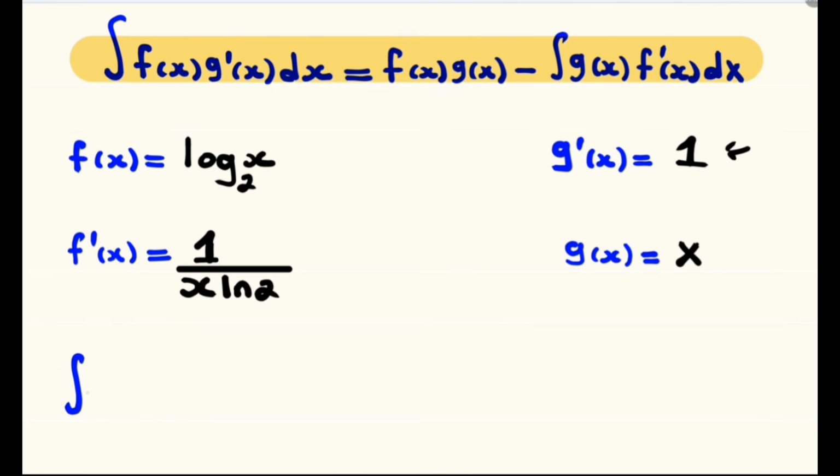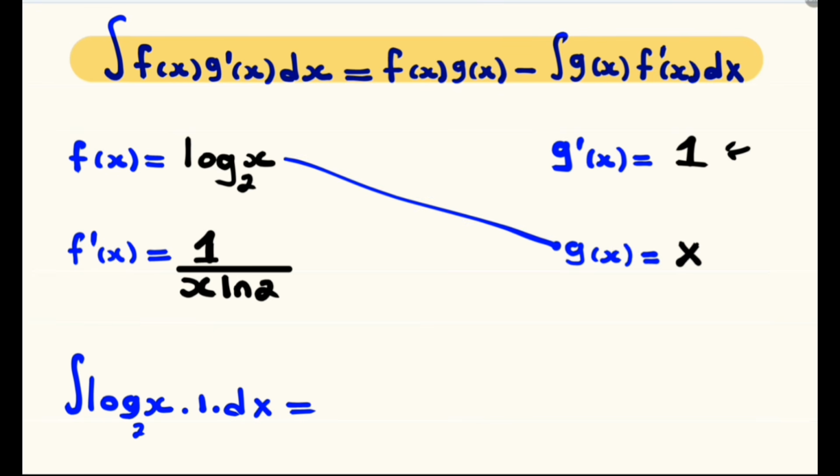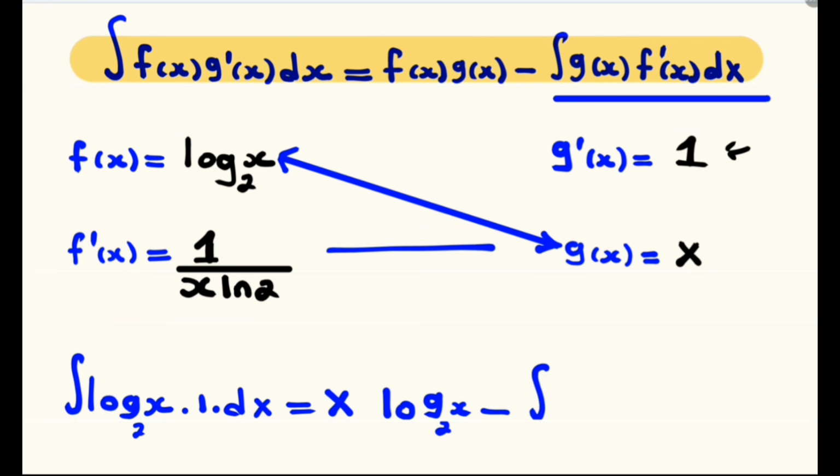So the integral of log base 2 of x multiplied by 1 dx will be equal to log base 2 of x multiplied by x, minus the integral of g of x multiplied by f prime of x.